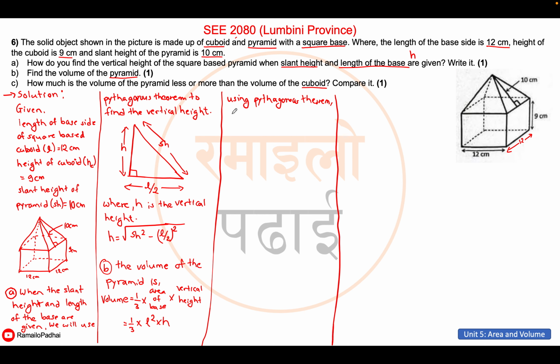Pythagoras theorem, H is equal to root under SH square minus (L upon 2) square, which is equal to root under, what is SH? Slant height is 10, so 10 square minus L is 12, so (12 upon 2) square, which is equal to root under 10 square is 100 minus 6 square, which is equal to root under 100 minus 36, which is equal to root 64, which is equal to 8 centimeter.